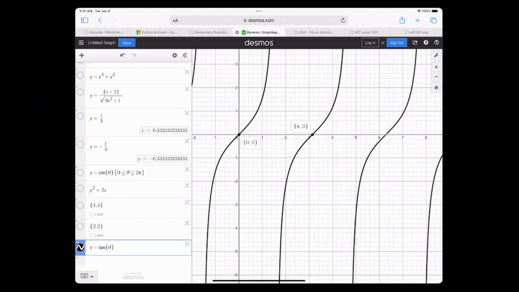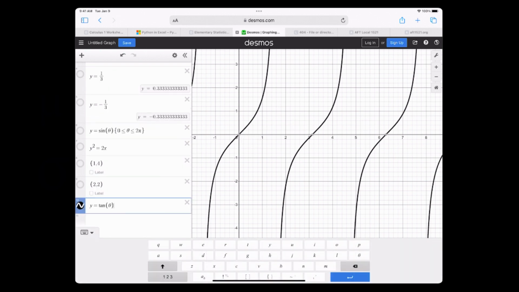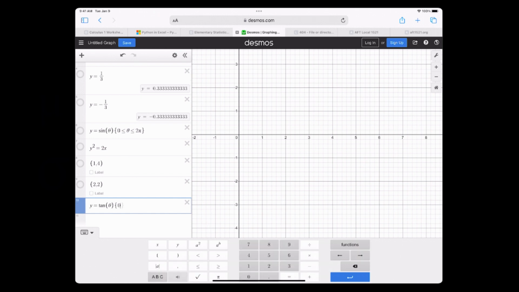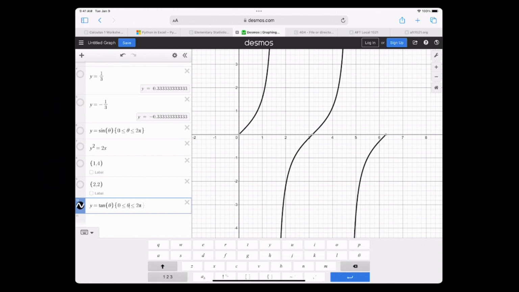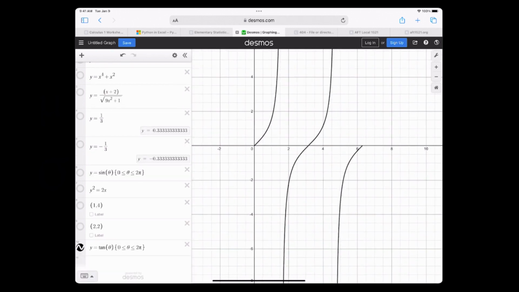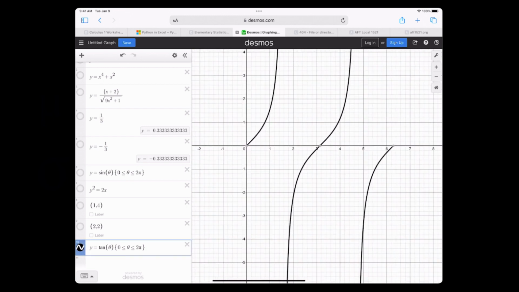So from the interval from 0 to 2 pi, if I said to you, consider tangent over that interval, this is where 0 is.